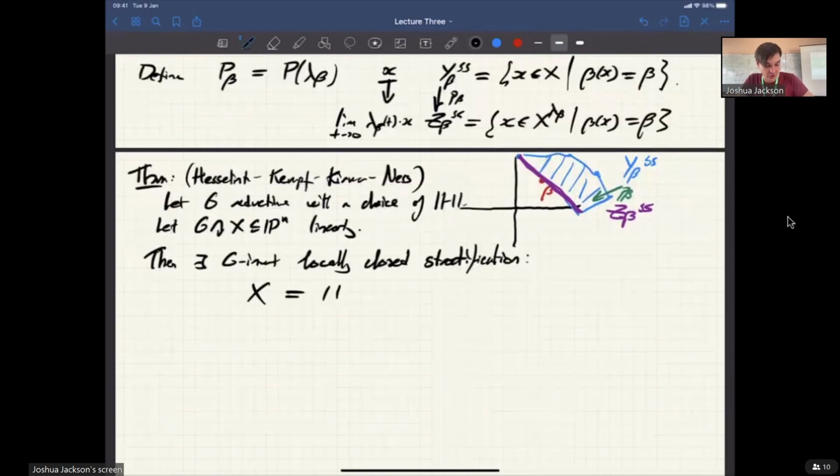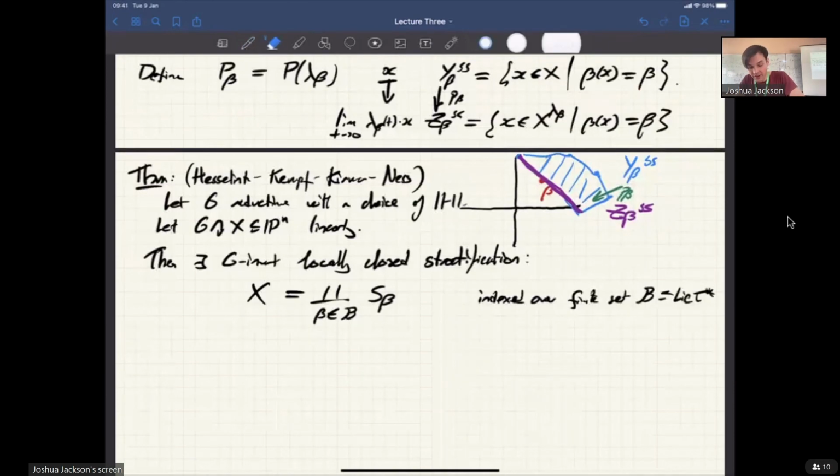So X is a disjoint union of these S beta, indexed over a finite set curly B, which I guess is going to live inside here. So it's indexed by a finite set of points in here, and it has the following properties.